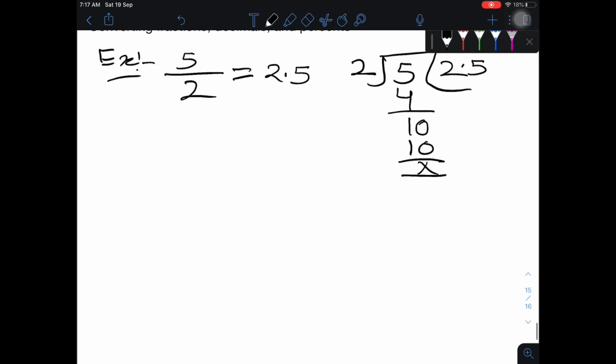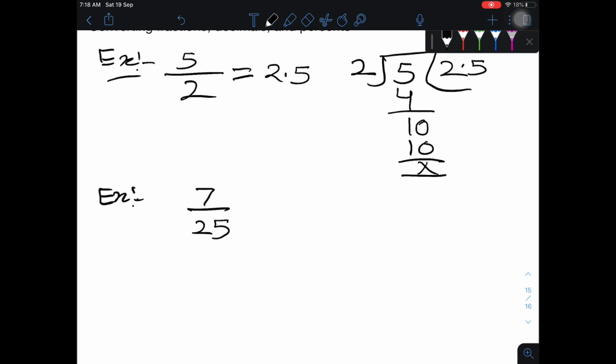How will you convert given fractions into percentages? Suppose I have taken 7 by 25, okay, and we want to convert it into a percentage.